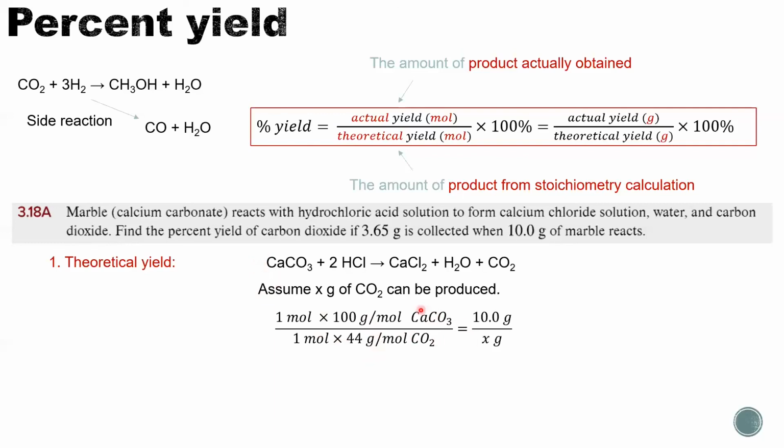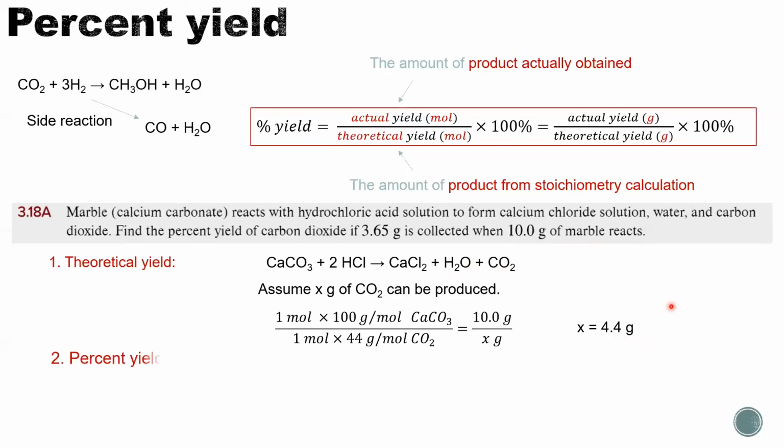The left is from the chemical equation, and the right is from the question, and all four components have the same unit in gram. So that's good. In this way, we can calculate X, which equals 4.4 grams. That means when 10 grams of marble reacts completely, from the stoichiometry calculation, we can produce 4.4 grams of CO2.